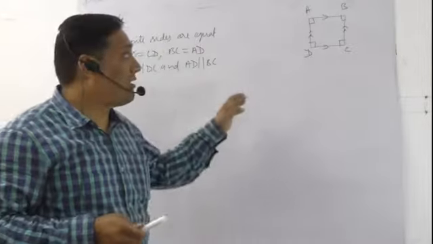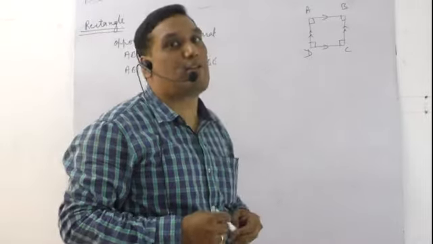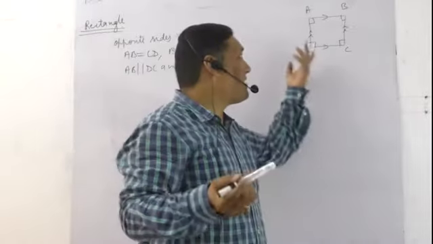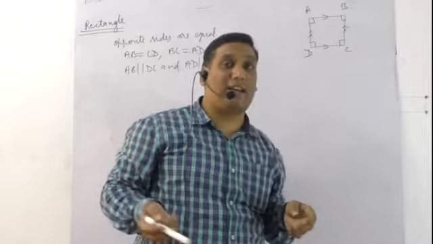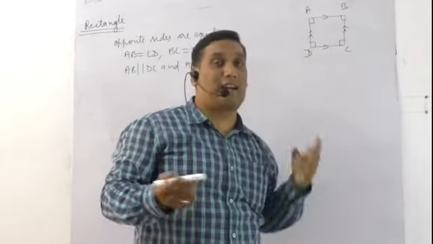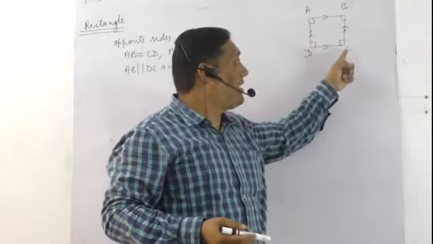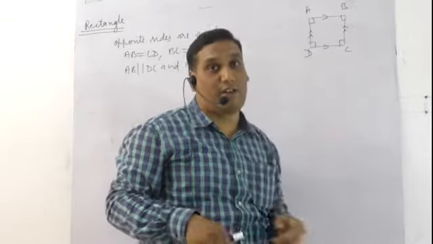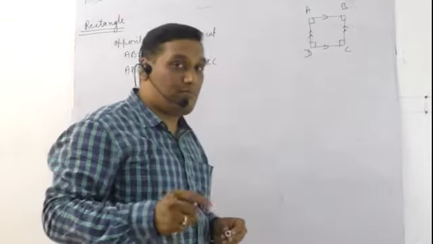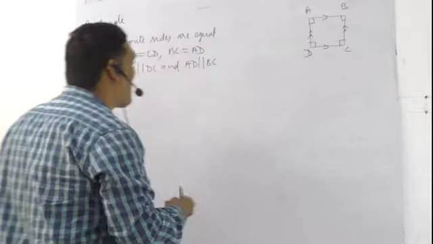Opposite angles are equal and adjacent angles are equal. It means all angles are equal. Adjacent angle, angle A, angle D, they are adjacent angles. Angle D, angle C, they are adjacent angles. Similarly, angle A, angle C, they are opposite angles and they are equal.